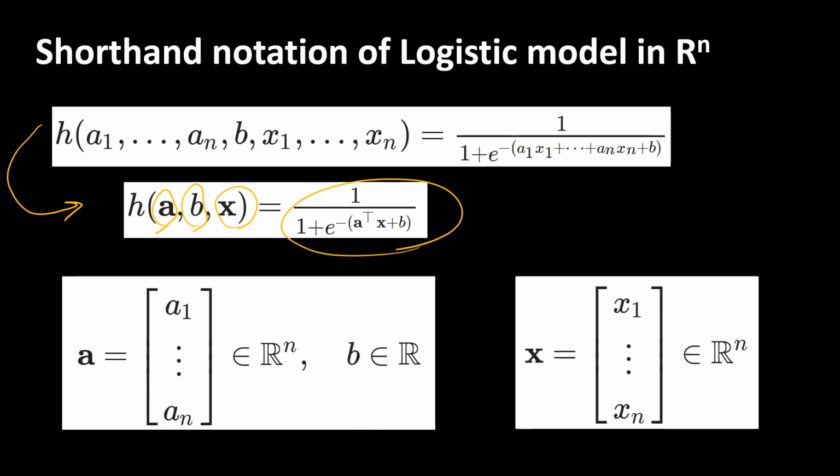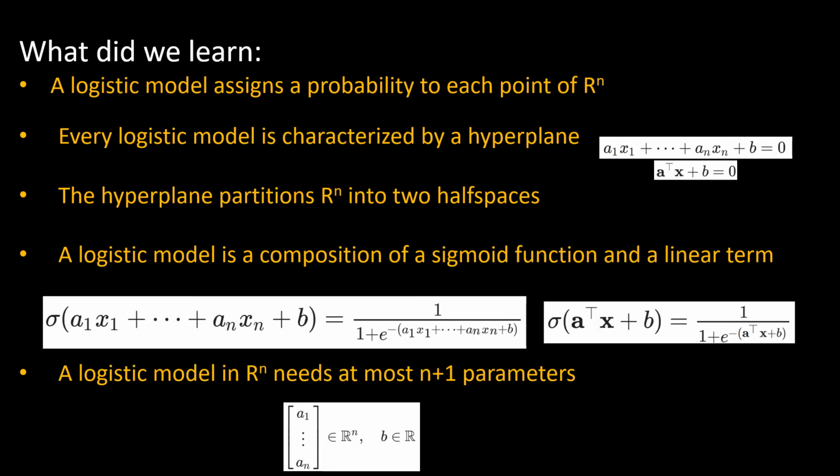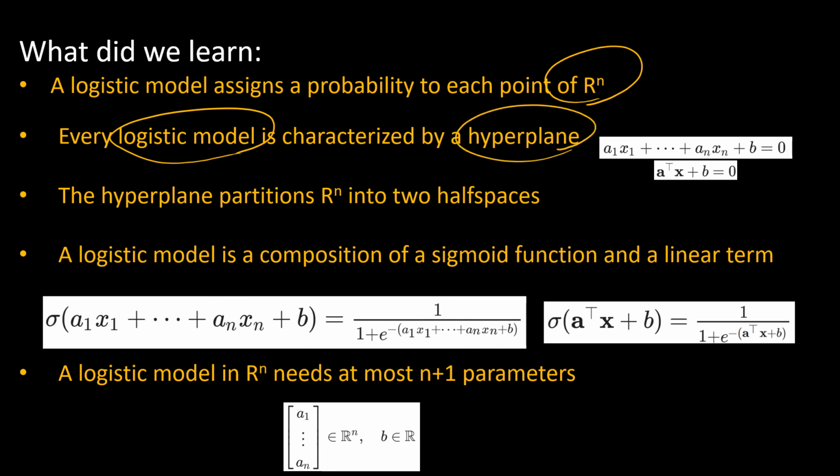Well, what did we learn? We learned that a logistic model assigns a probability to each point of Rn, and we realized that every logistic model is characterized by a hyperplane that can be written in this form or in this form as a shorthand notation.